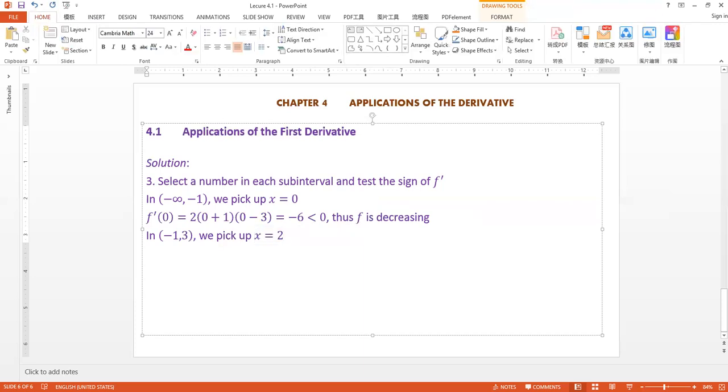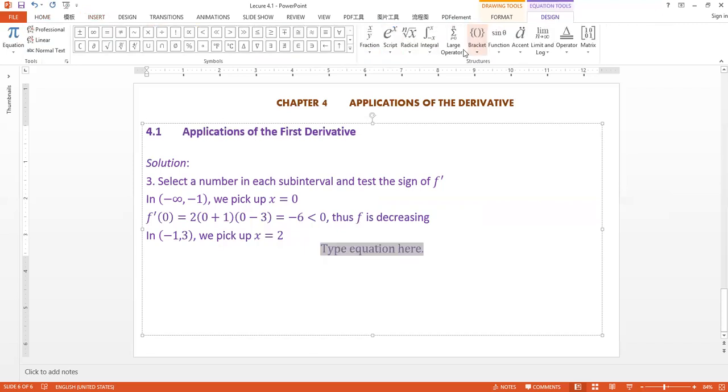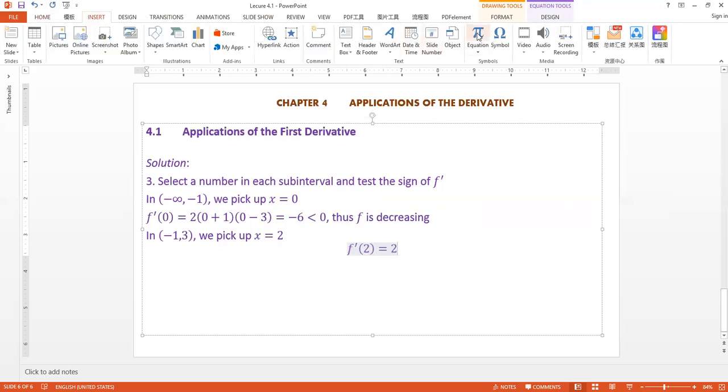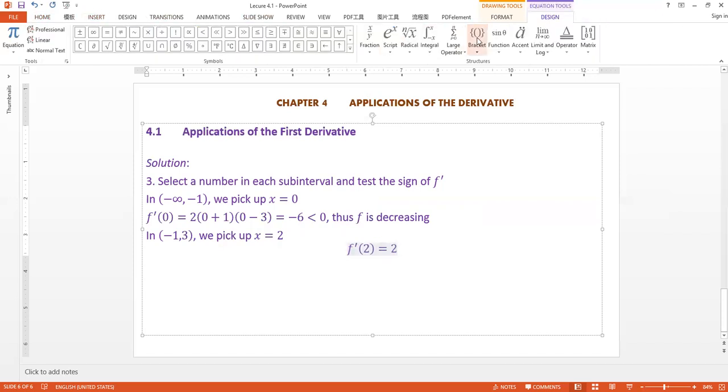And then we just calculate the derivative. So what do we get? F prime of 2 is equal to 2 times (x plus 1). So there's 2 plus 1.